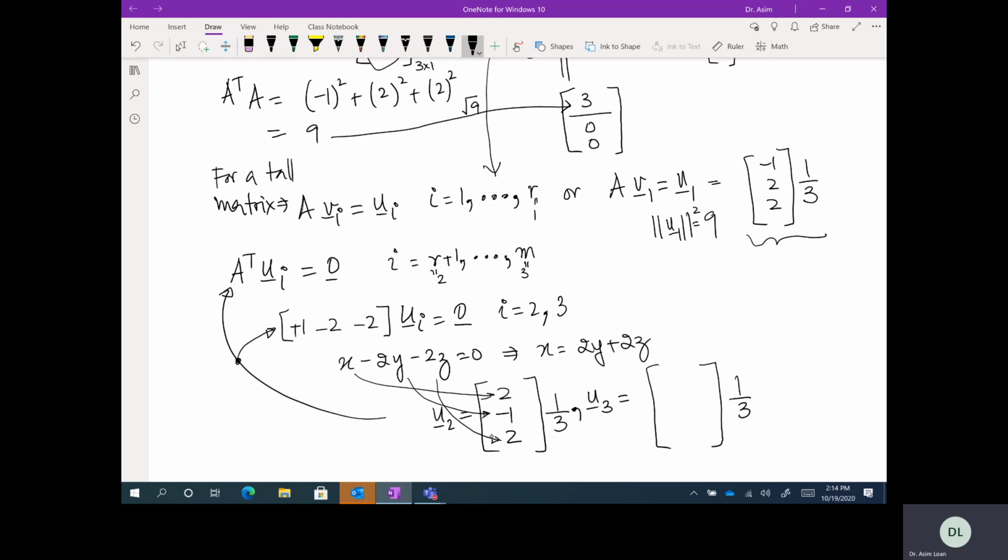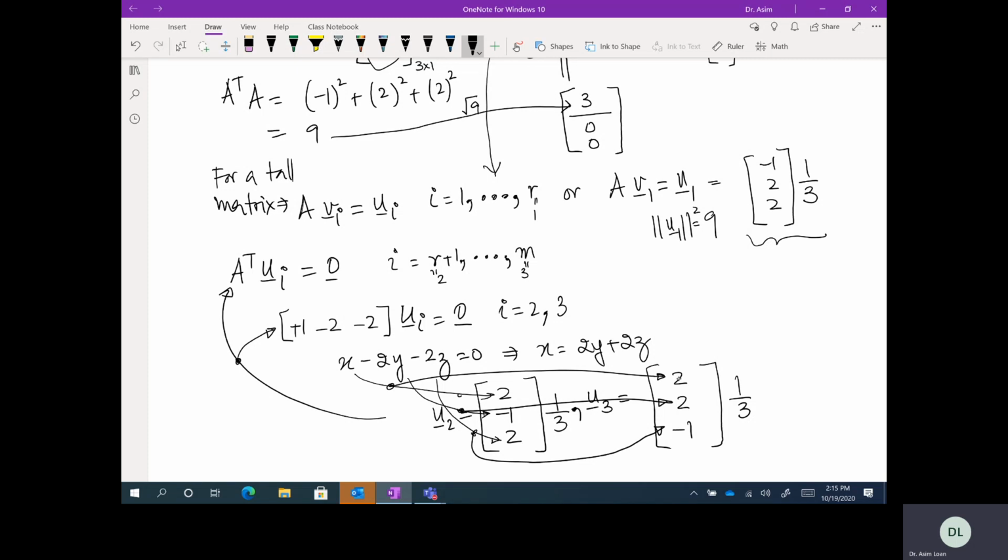So is my equation satisfied? Let's see. 2 plus 2, 4, minus 4 equals 0, so it's all right. And then here I select 2, 2, and minus 1. If I do that, again my x is 2, my y is 2, and my z is minus 1.